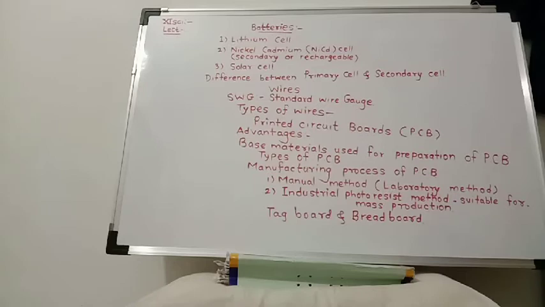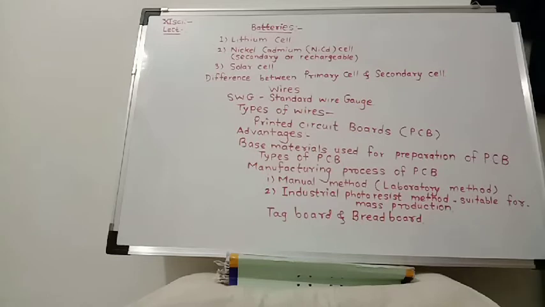As the gauge number increases from 1 to 40, the diameter and circular area decrease.